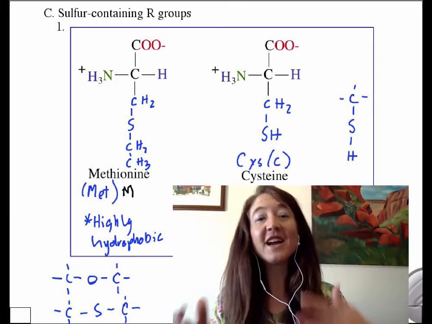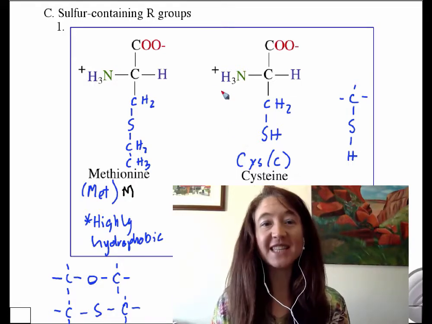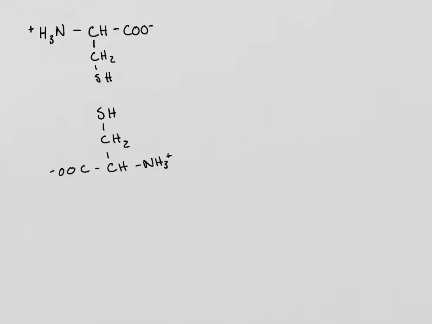Disulfide bonds are incredibly important in overall 3D structure of proteins. What I've done to show you the formation of a disulfide bond is to show two cysteine residues that are close to one another in three-dimensional space.